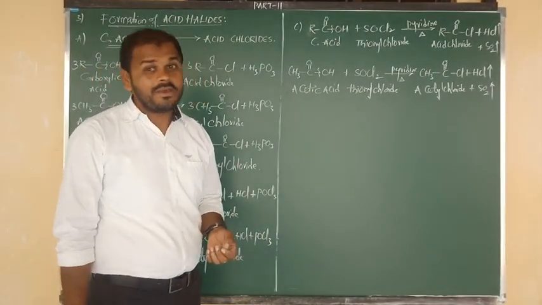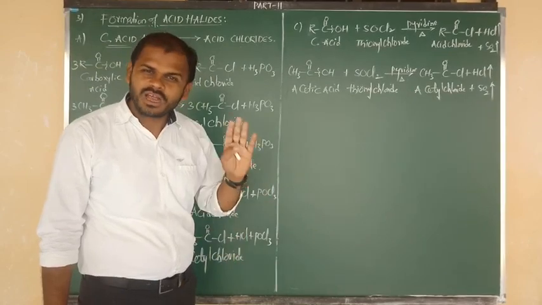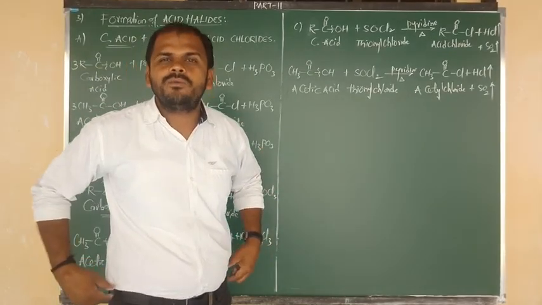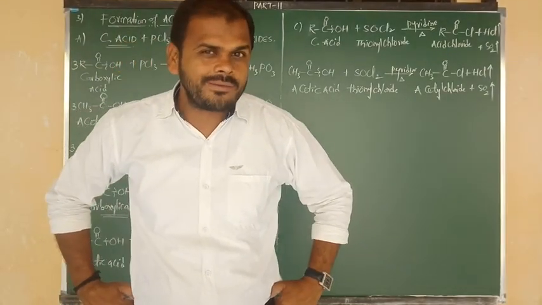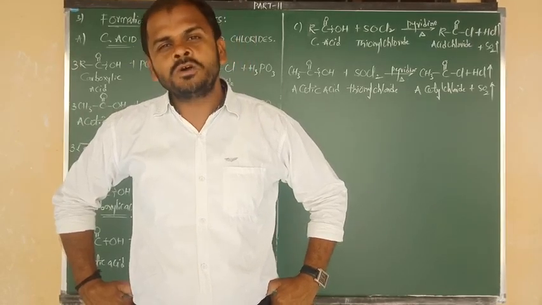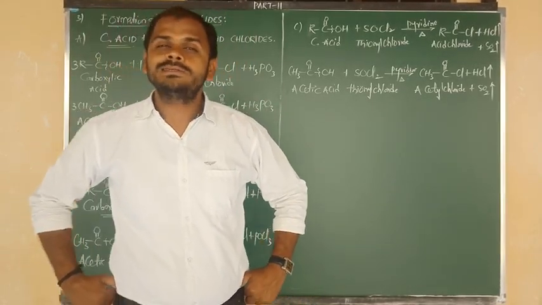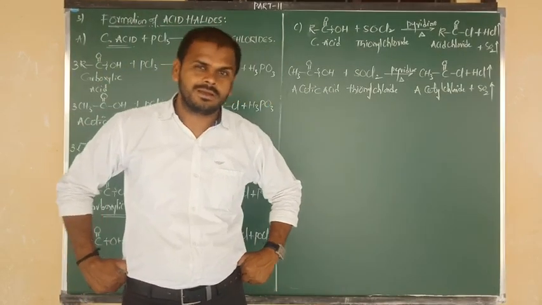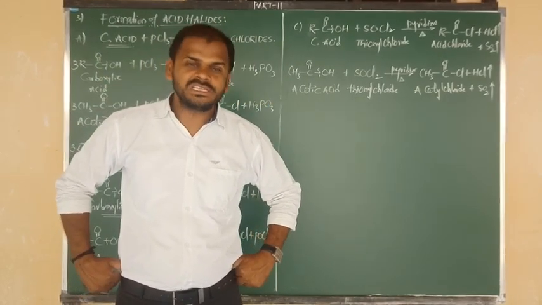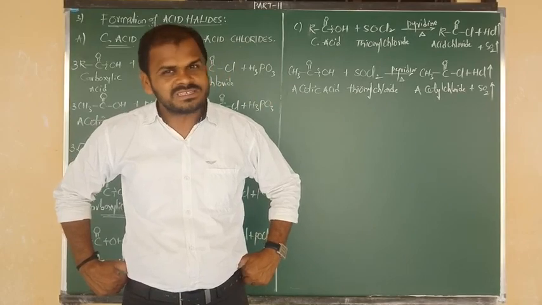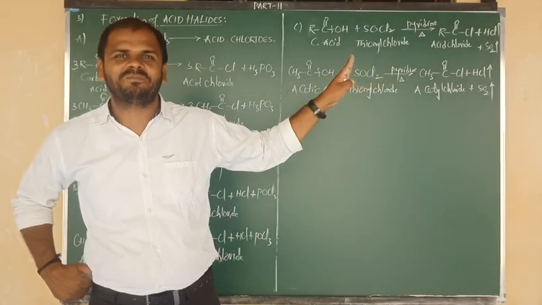Now, very important, reaction number 4, formation of esters. This topic I have already told you many times in the chapter of alcohols and the chapter of phenols. We already discussed esterification twice, and this is the third and final time.